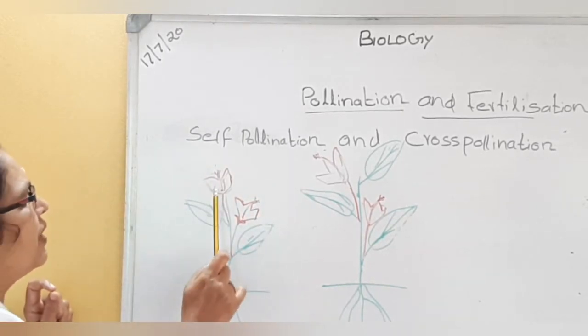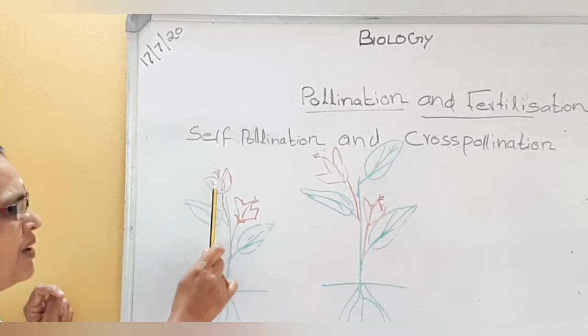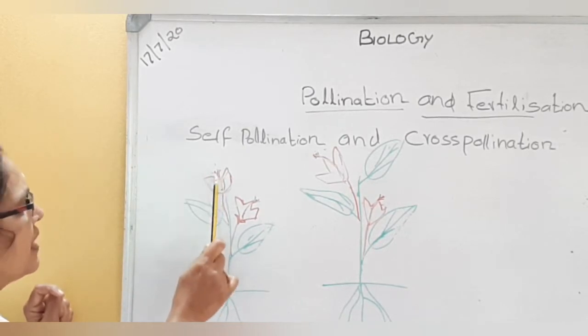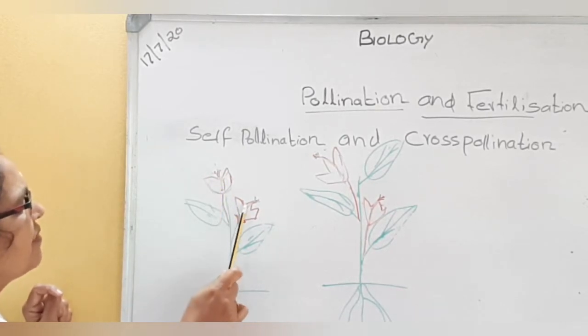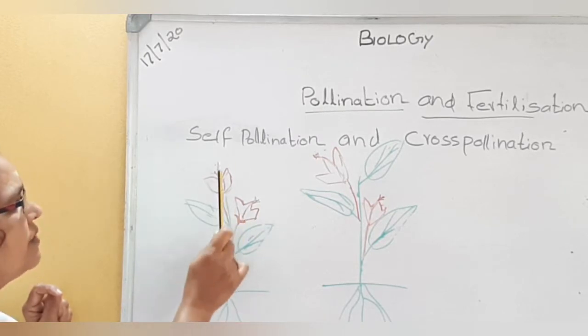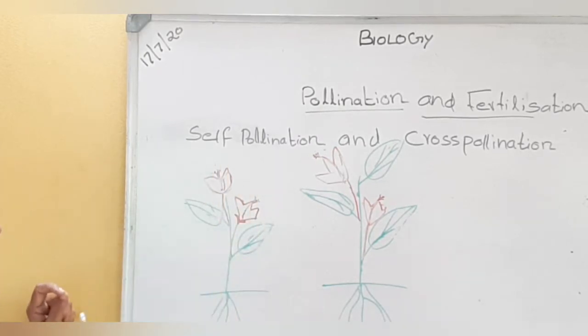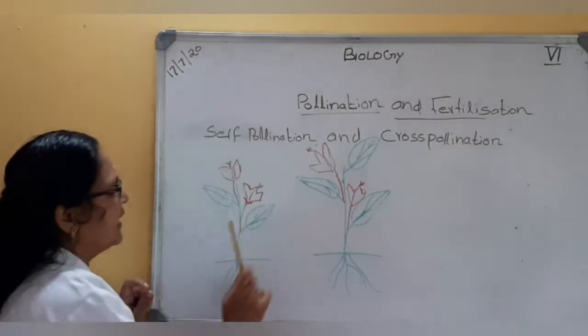Once more, the pollen grains produced in a flower are transferred to the same flower or the other flower born on the same plant. That is called self-pollination.